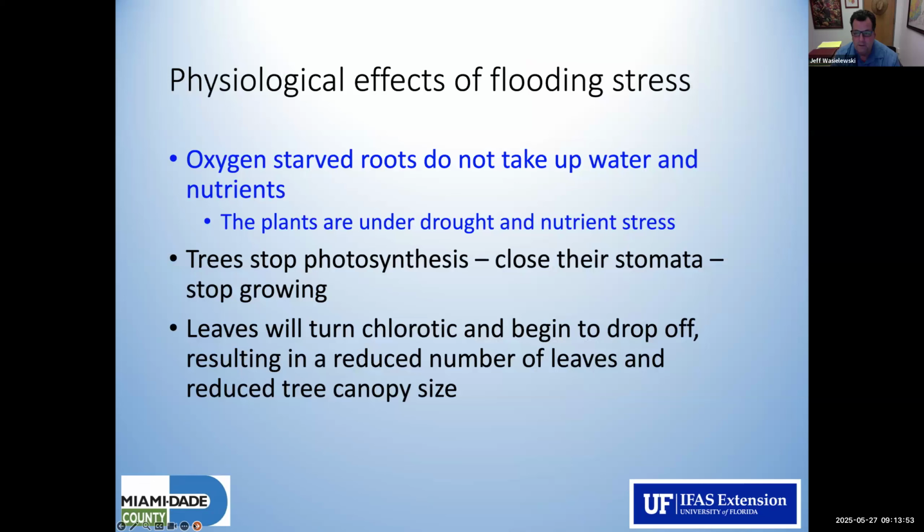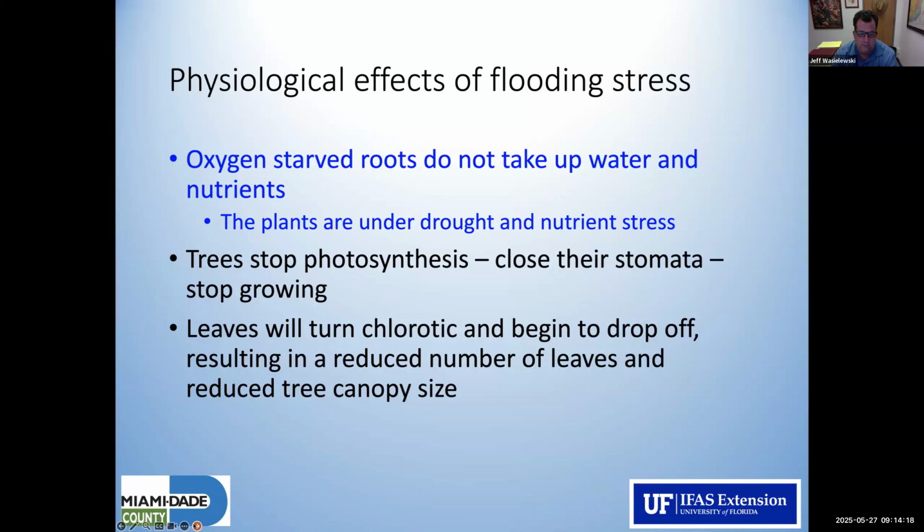So the effects of flooding stress: oxygen-starved roots do not take up water and nutrients. This is what I've been mentioning, that the roots can't get oxygen because they're underwater and they can no longer take up water. Even though there's water all around them, they can't get water or nutrients. So it's a drought and nutrient stress.